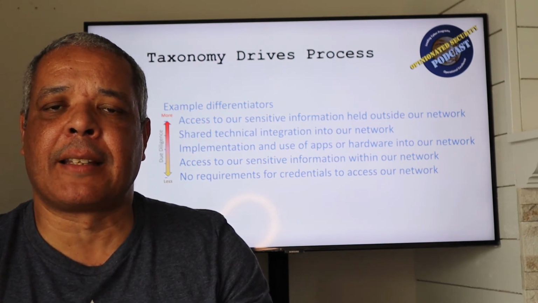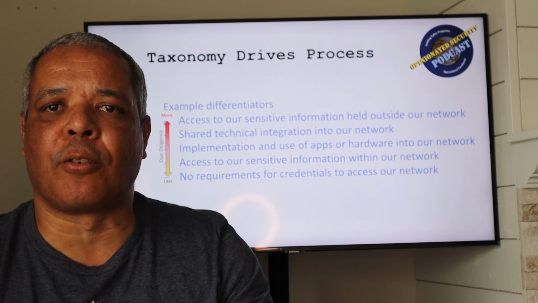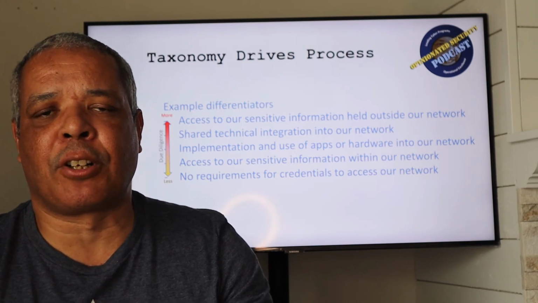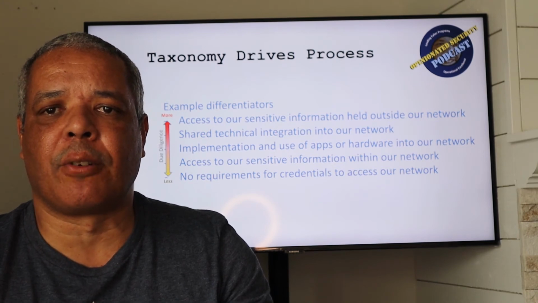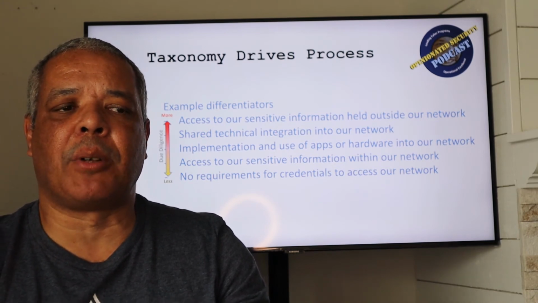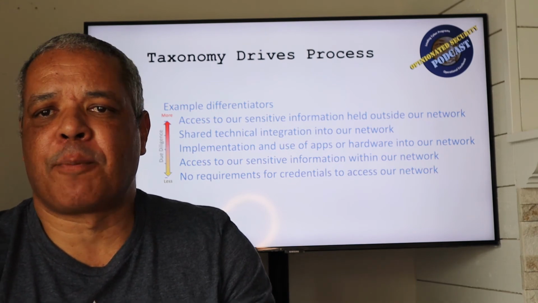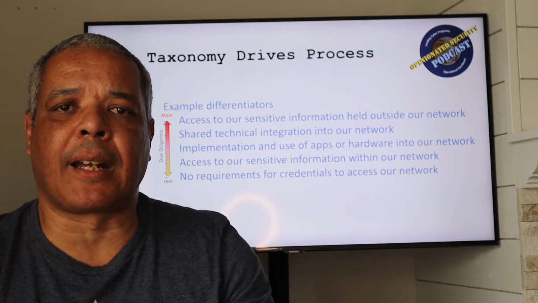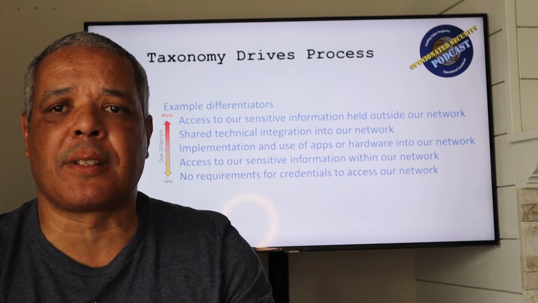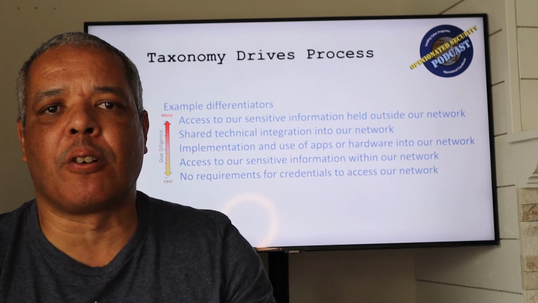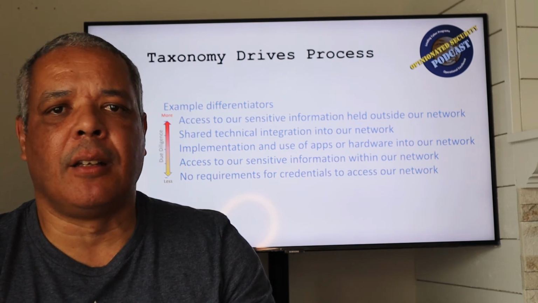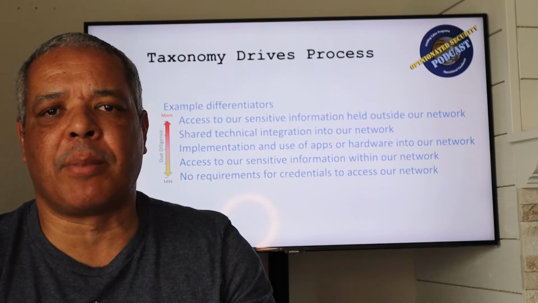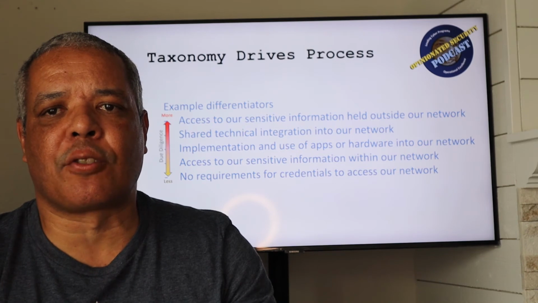Alternatively, we may think of that technical integration as SaaS providers, particularly ones that hold some sort of sensitive information for us. And then lastly, we have organizations that, as part of their work, don't need network access. They may have physical access to our facilities, or they may perform some other work that does not require them to gain credentials or otherwise be able to access our infrastructure.